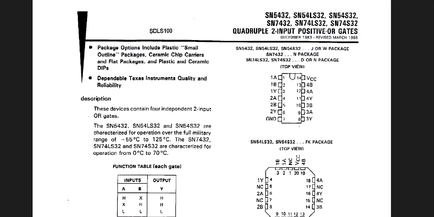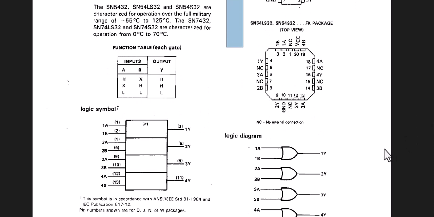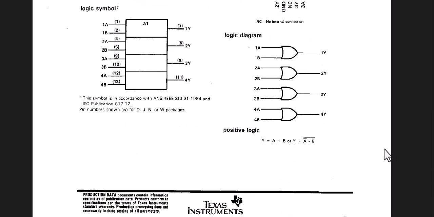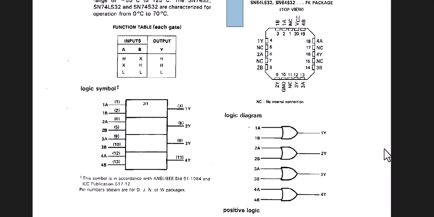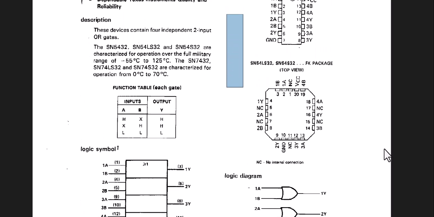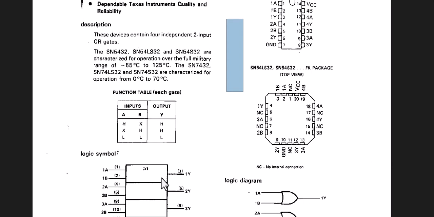And then on my data sheet, the one that I have, which is a positive OR gate, if I scroll down, right here it has a function table for each gate, and H stands for high and L stands for low.